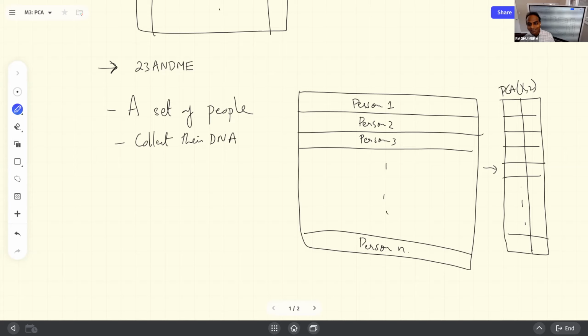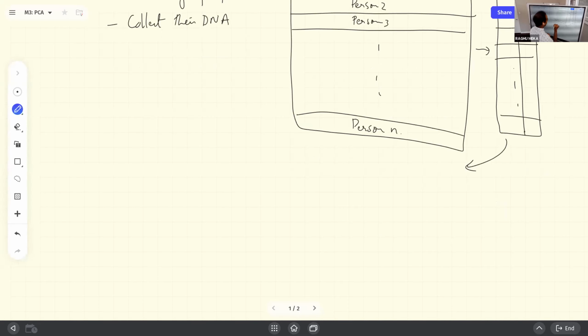And then they did something very weird, which is to plot these coordinates on a 2-dimensional plane. Okay, just like a scatter plot, right? This is person 1, person 2, so on.